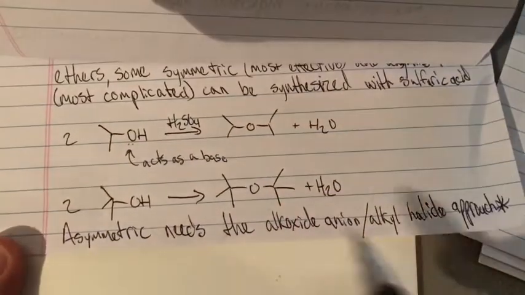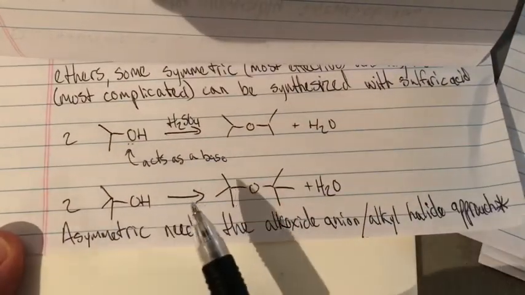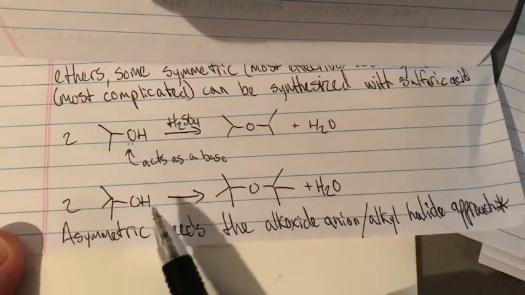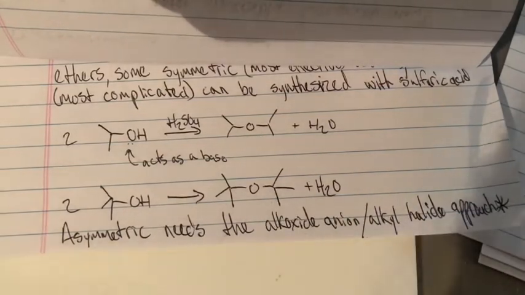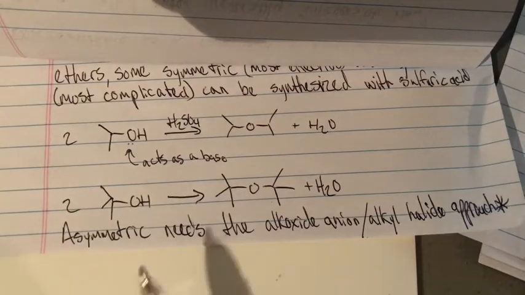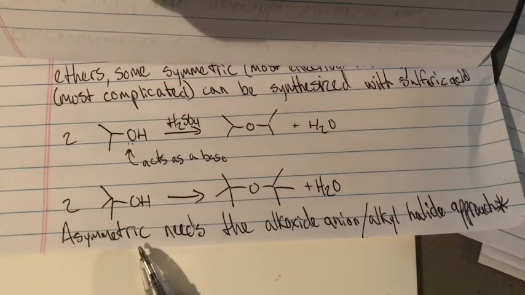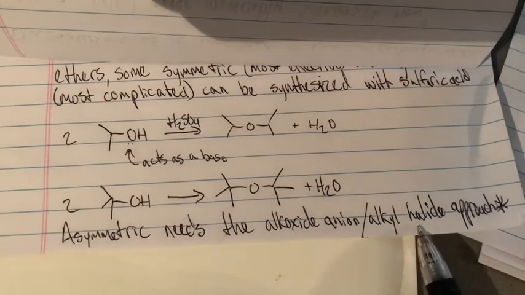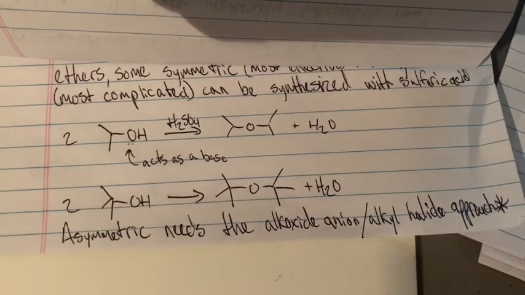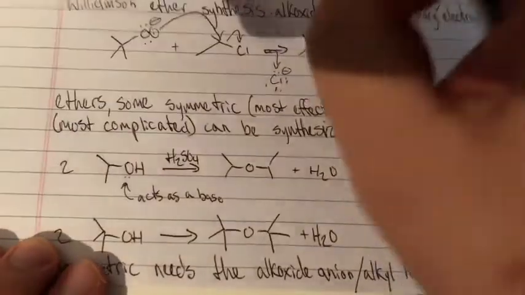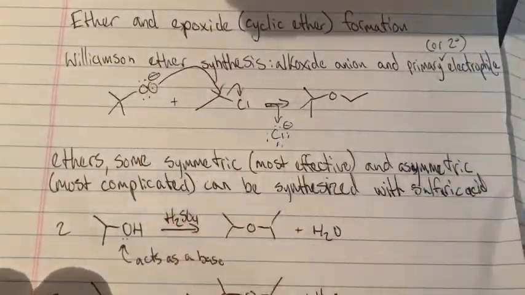We also see that for tertiary alcohols to condense together. Now, asymmetric ethers need the alkoxide anion and alkyl halide combination, like I said previously with Williamson ether synthesis.